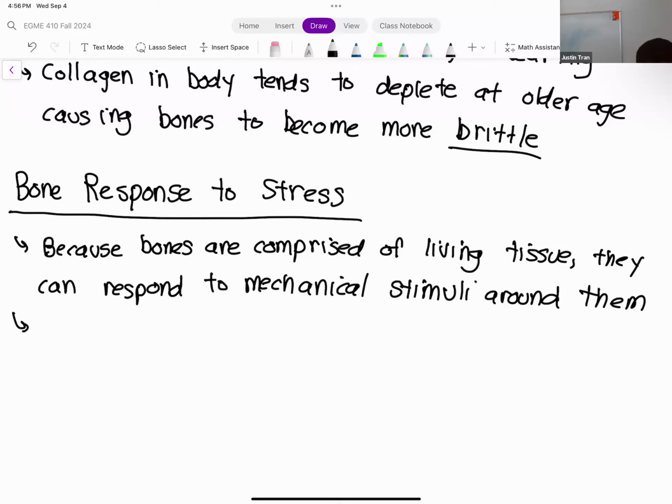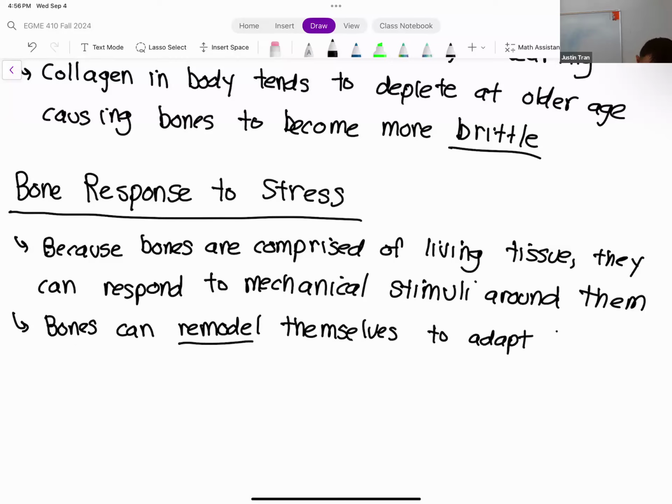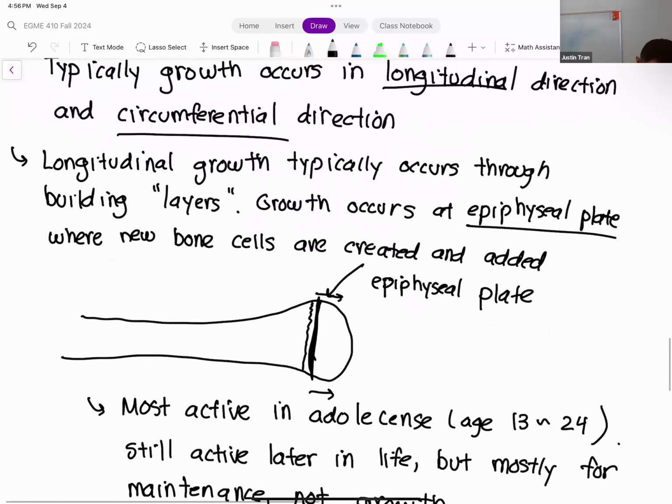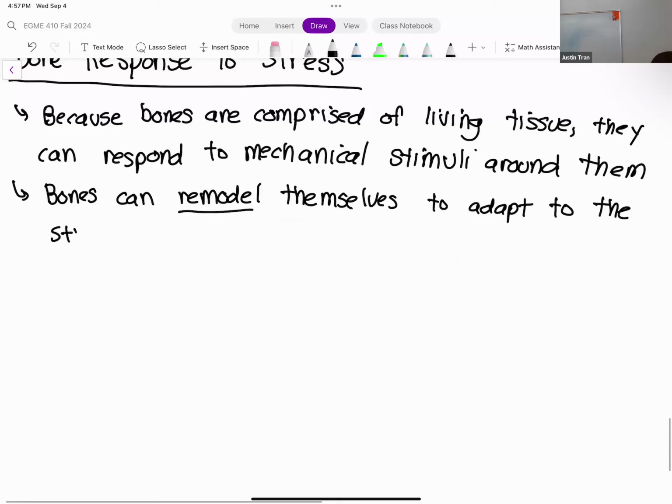And so because of this, bones can dynamically, what we say, remodel themselves based on the stresses and the forces that they experience. The typical response, if your bones experience force or stress, is that they need to get stronger.